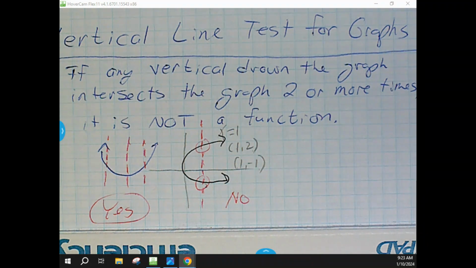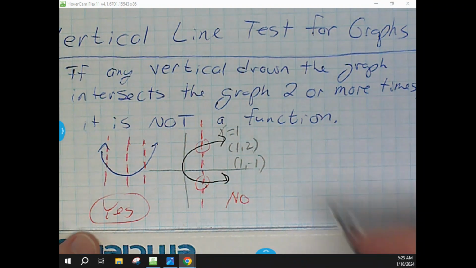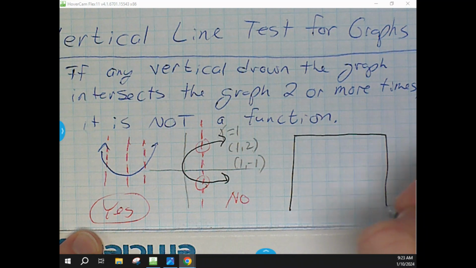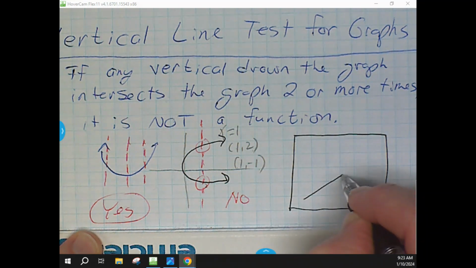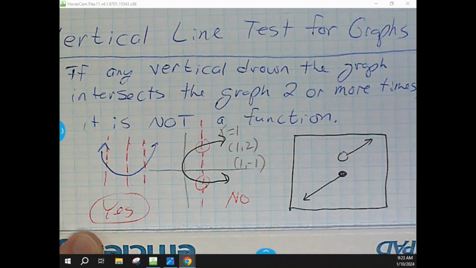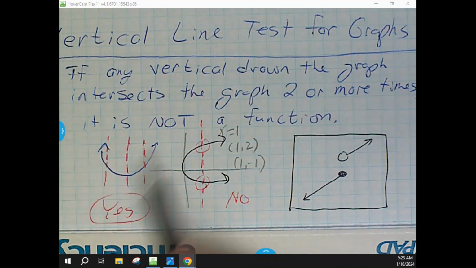Okay, now the ones you've got to be a little bit careful of. They'll give you a couple of graphs that sometimes might look a little funky. So instead of just a straight parabola or hyperbola or something like that, they may give you a line that's like this.